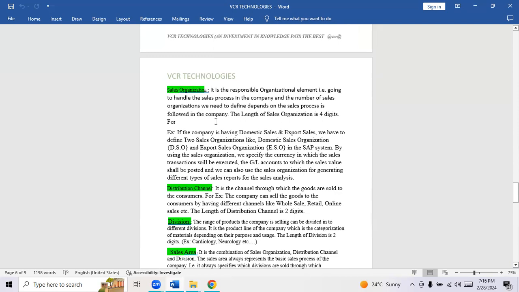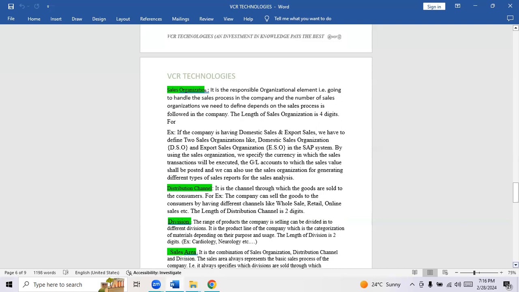The number of sales organizations we need to define depends on the sales process only. As per the company's sales process, we will define the sales organizations, as many as the company requires. The length of the sales organization is 4 digits only.